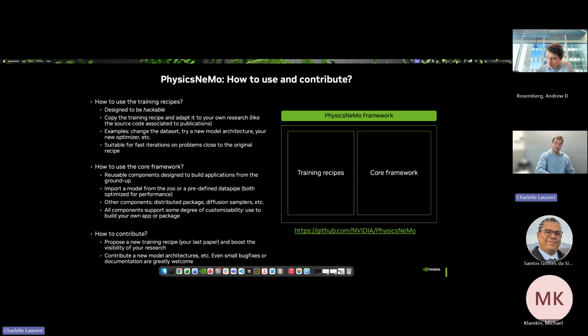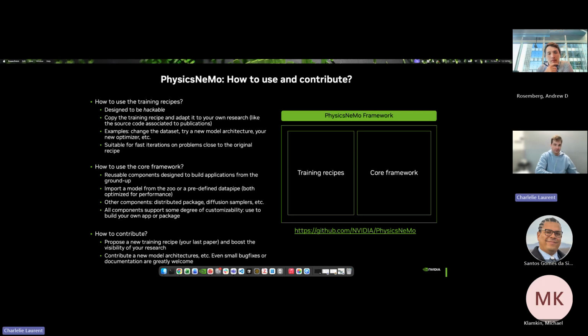So the first way to contribute is to propose a new training recipe. Basically, you take your last paper and open a PR in PhysicsNeMo. You ping an engineer or a maintainer, and at the end of the day, your research, the source code of your paper, will be integrated as a training recipe in PhysicsNeMo.